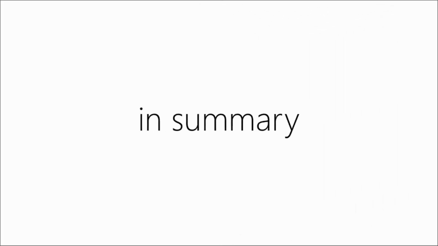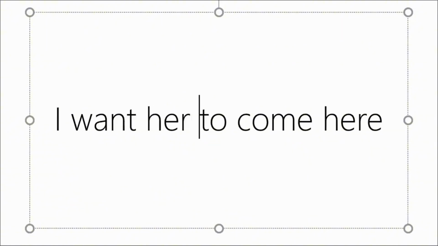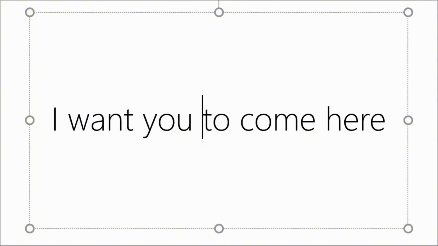So, to summarize, let's take this one. I want to come here. There's no problem here. We're simply saying, quiero venir aquí. The problem happens when we have to throw in, I want him to come here. I want her to come here. I want you to come here.